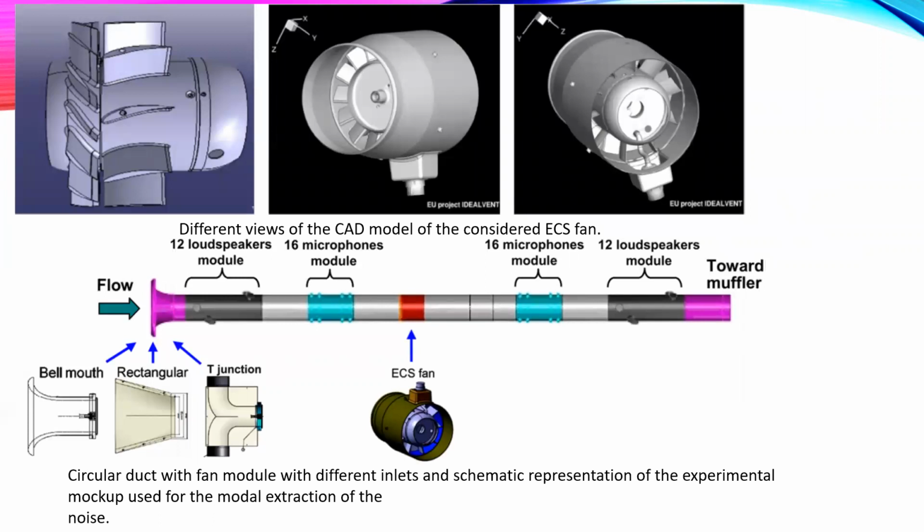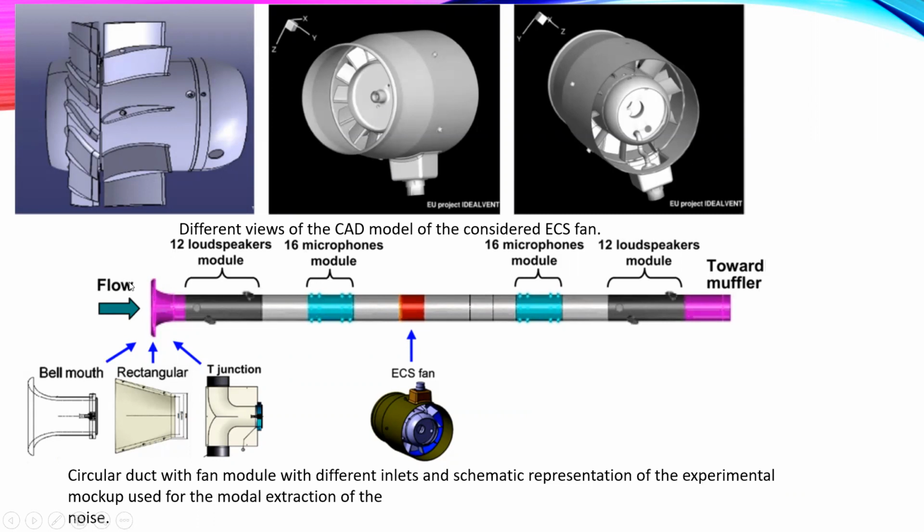So there are different types of ducts or CAD models which can be used for ECS fans, which can be seen in this figure. As you can see, this is an engine with the duct with the fans, and there is a covering for the wings, I mean winglets, which reduce the noise.